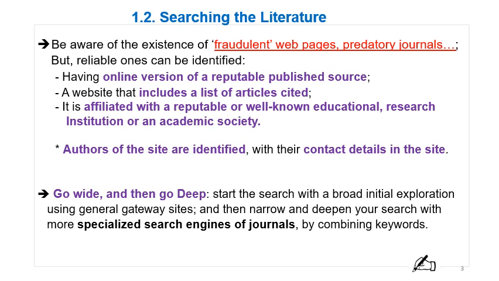So the authors of the site should be identified. Those who are managing the website or the journal website should be identifiable. Information should be given on the website, and we can have the contact details on the site.